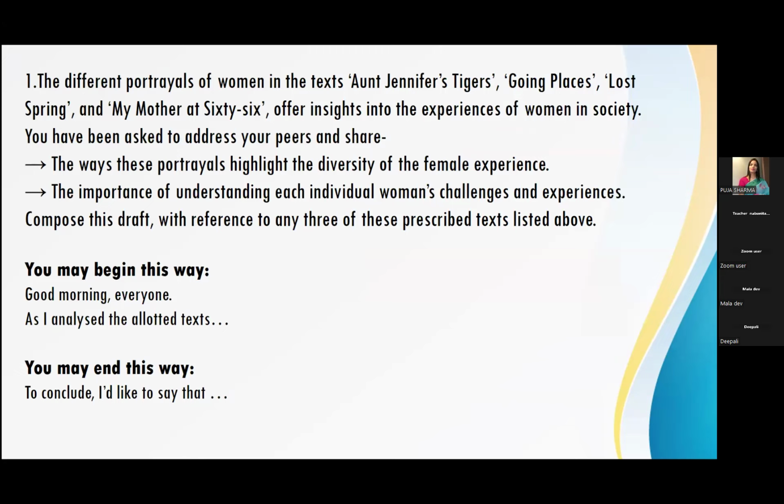You have been asked to address your peers and share the ways these portrayals highlight the diversity of female experience and the importance of understanding each individual woman's challenges and experiences. Compose this draft with relevance to any three of these prescribed texts listed above.